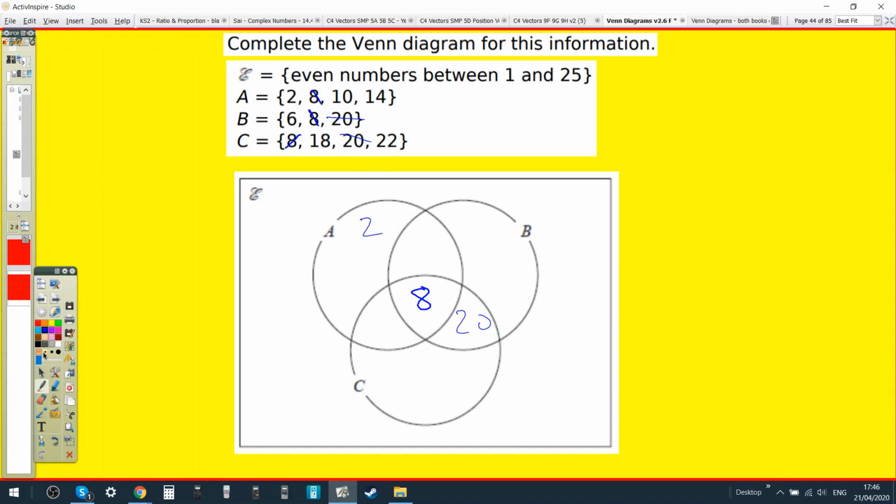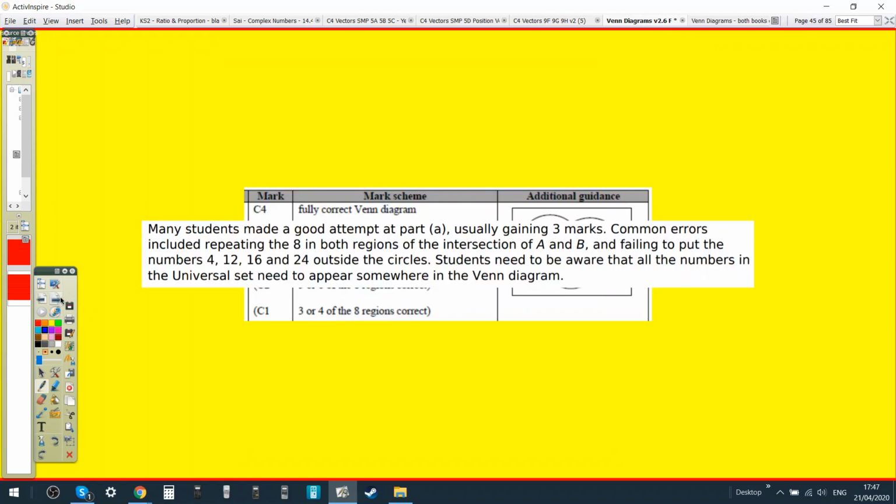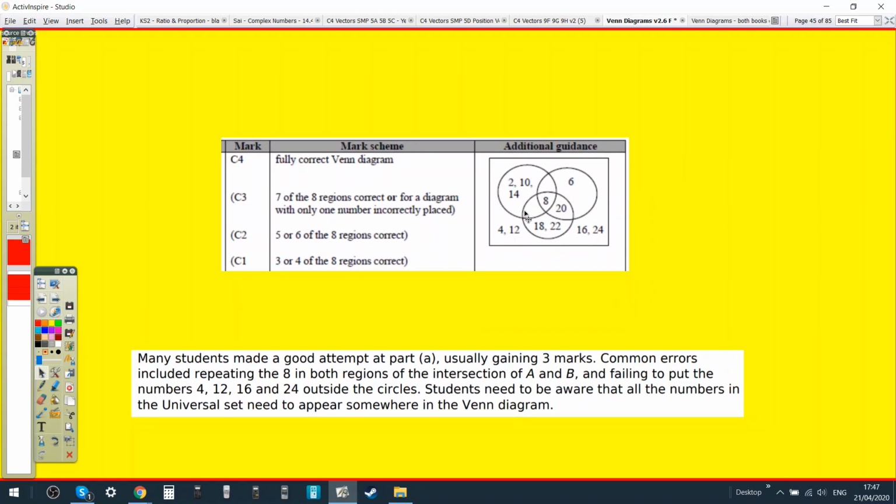So that goes there, 2. I think so. So you've got 2 regions. Yeah, we had 2 empty regions. Oh, we forgot the outside.